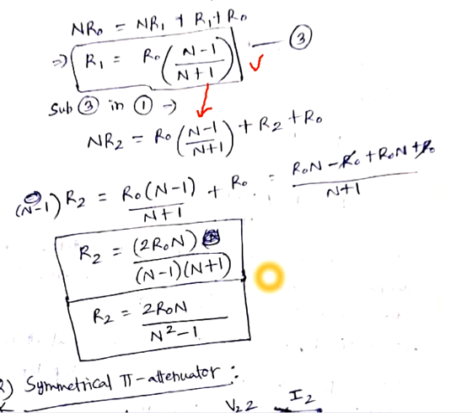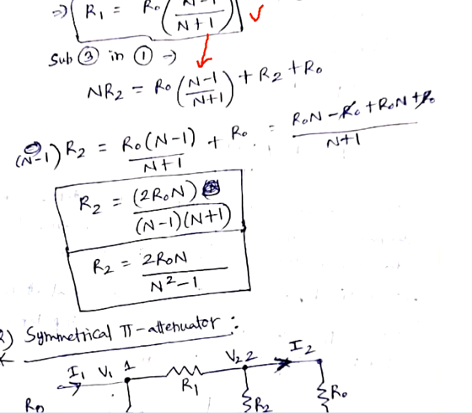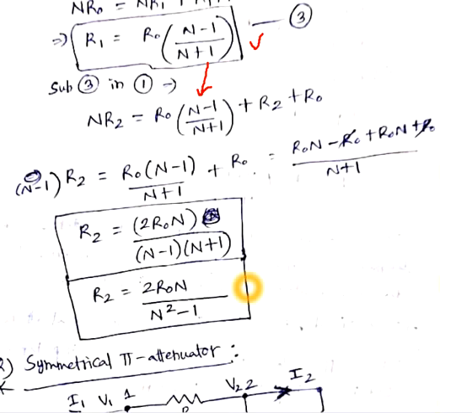When you solve all these, you will get R2 as well. So this is what the designing of a symmetrical T-attenuator is. Very important equations. Mostly you will be asked numerical problems to design a particular attenuator for the given characteristic resistance as well as attenuation.